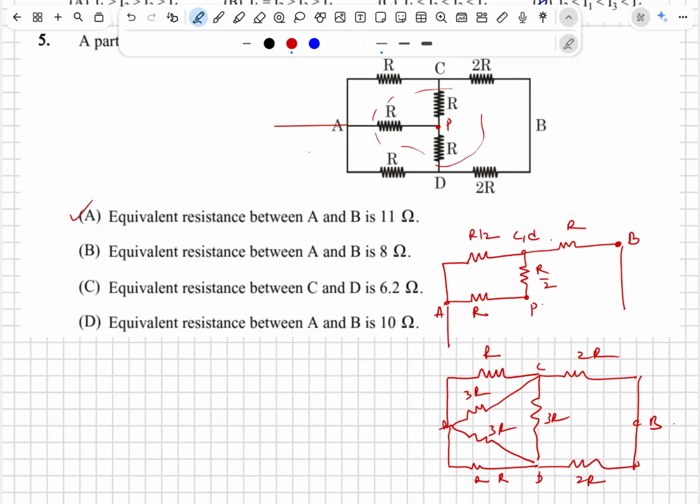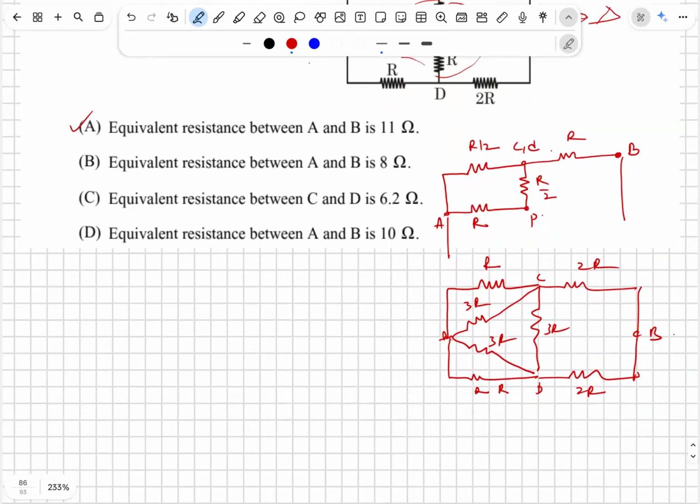Converting this portion to delta. Okay. So now what will happen? 3R parallel 3R, 3R by 4, 3R by 4, and each path the C to D in effect. It's transferred.